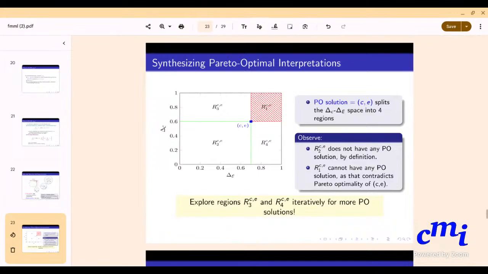The first one was introducing MaxSAT, how to encode, and showing that a solution is a MaxSAT solution and Pareto optimal. That's done. The next thing is synthesizing Pareto optimal interpretations more efficiently, correct? Iteratively explore these regions.